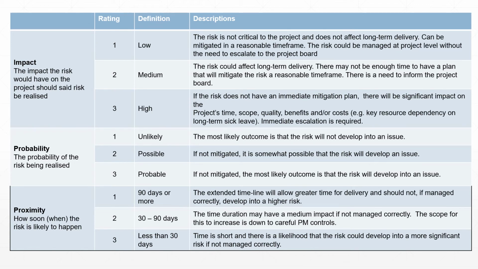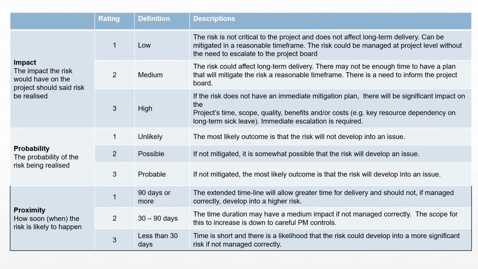Another thing that I want to point out is that when you see a risk and issue scoring model, you want to find out what the definition is behind those numbers that you're looking at.